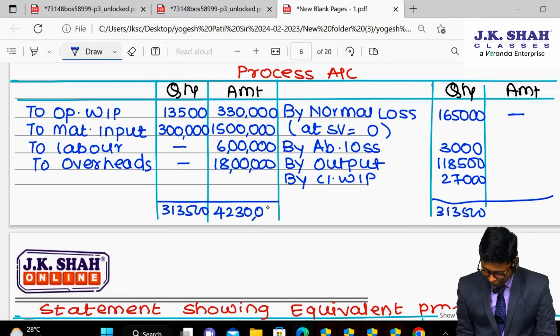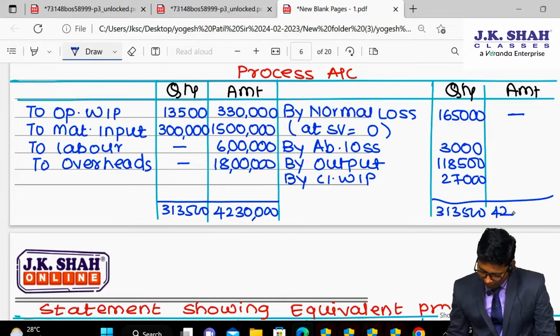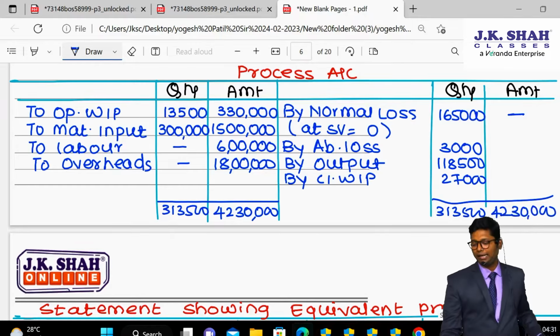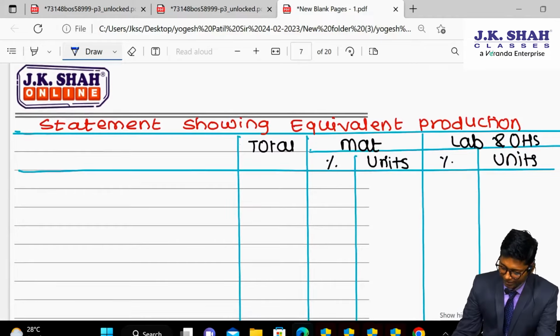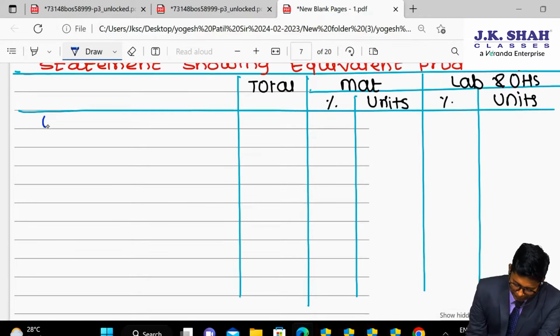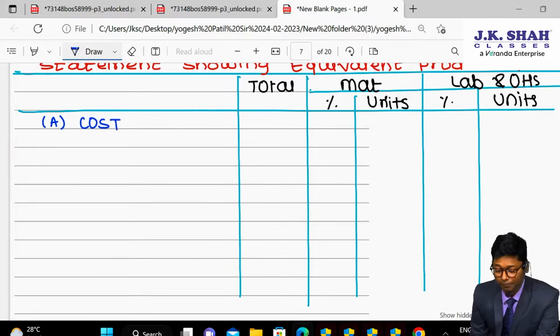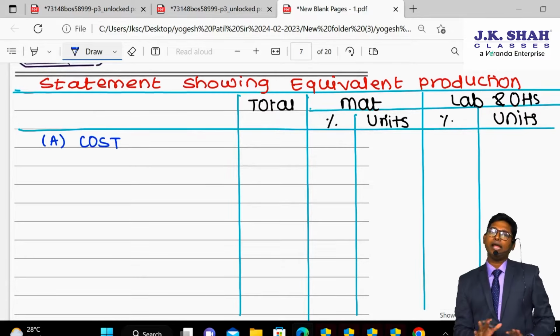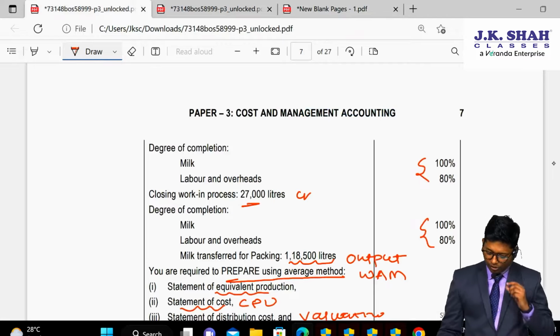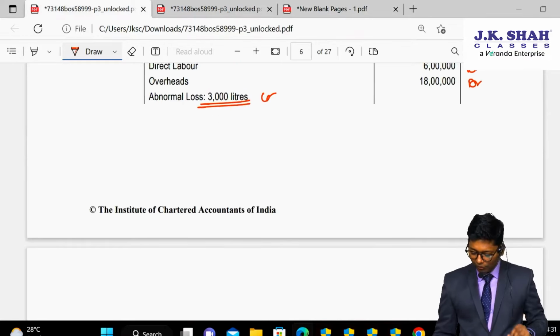So preparation of the process account is going on, but we can't complete this account because three things are missing from the credit side, and for that purpose we need to prepare the equivalent units statement. The statement always starts with part A, which is the cost of material, cost of labor and cost of overhead. Guys, be very careful: whenever you are using the weighted average method, the entire material cost is recorded after adjusting the normal loss.